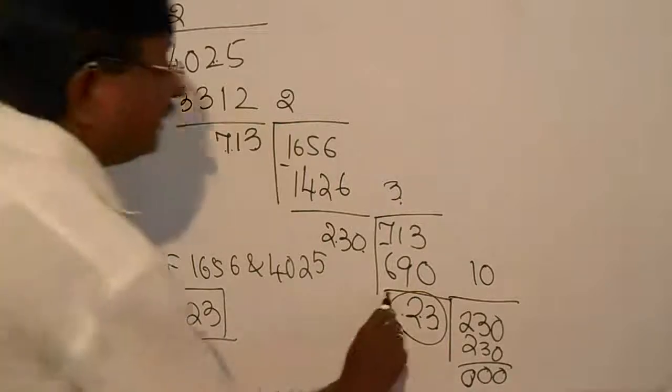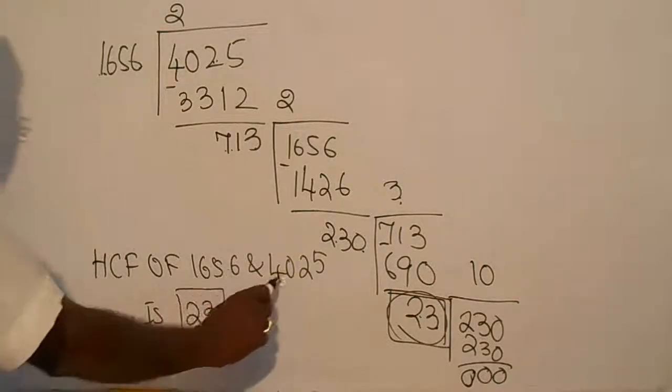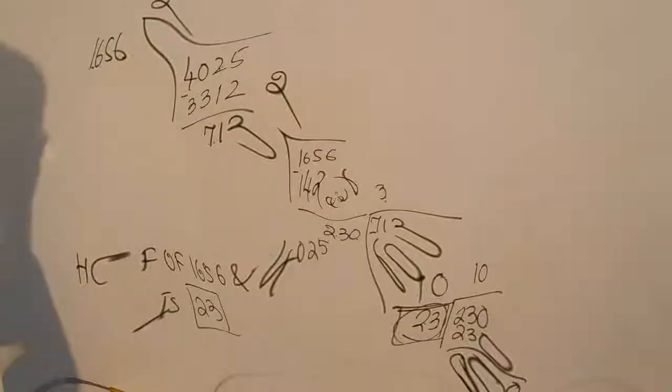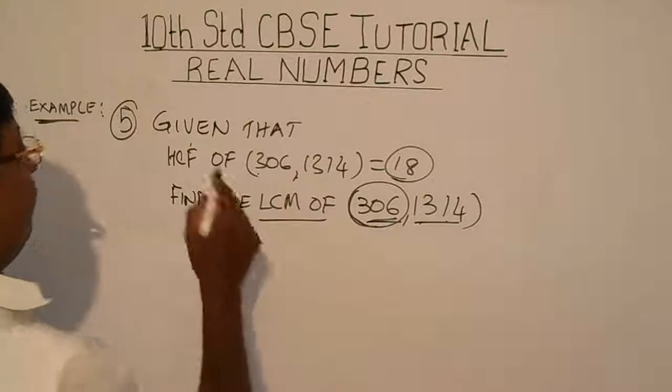That is 23, we got it here. The last divisor is the HCF of 1656 and 4025.